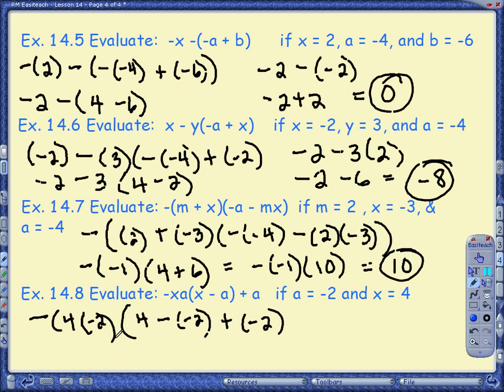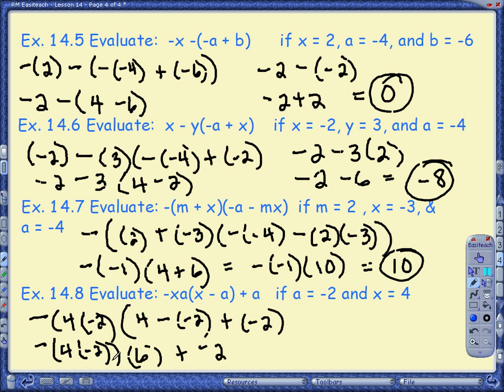So again, we're going to do the work in the parentheses first, this big parentheses. We always start with that. So I'm going to have negative 4 times negative 2 here. 4 minus negative 2 is 4 plus 2. That would be 6. This is multiplication.